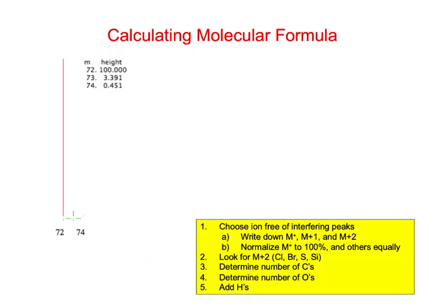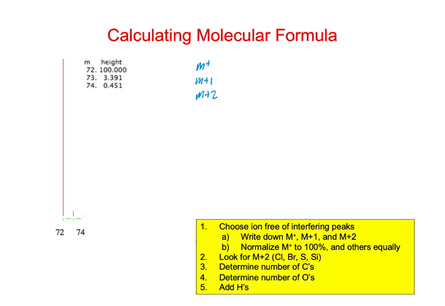All right, so here is our first example. And here are the rules down here, the steps that we're going to follow. So we're going to write down just these. We're going to make a table here. We're going to say M plus, M plus 1, M plus 2.